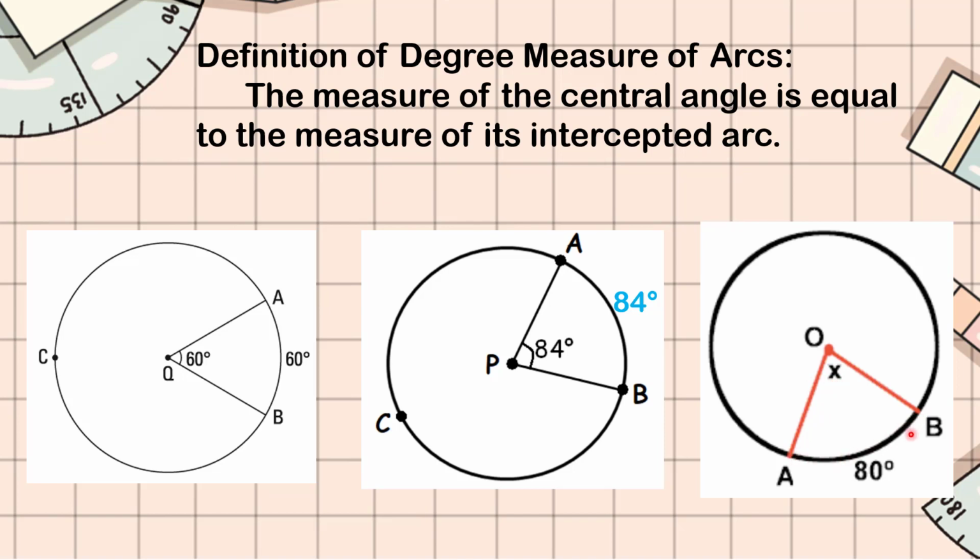If AB measures 80 degrees, what is the measurement of angle AOB? If your answer is 80 degrees, then you are correct.